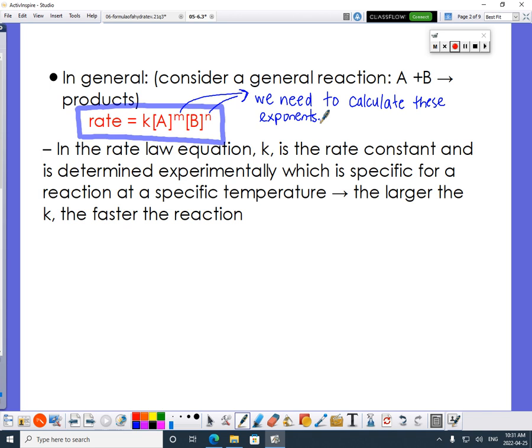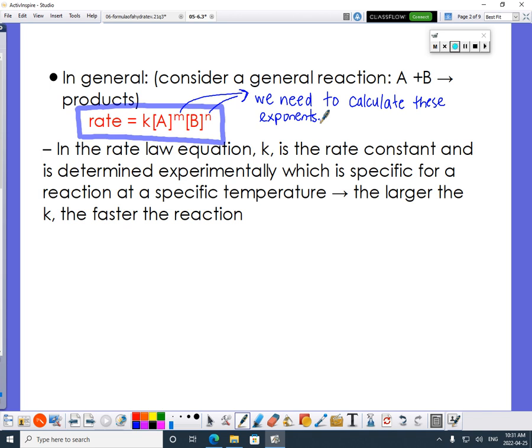Just like we did with average and instantaneous rate of change, the square brackets represent concentration. Concentration is a very easy thing for us to measure, so that's usually what we're going to do. So the same thing will apply here. We're going to calculate the exponents, and we're going to use that to help us tell stuff about the reaction.